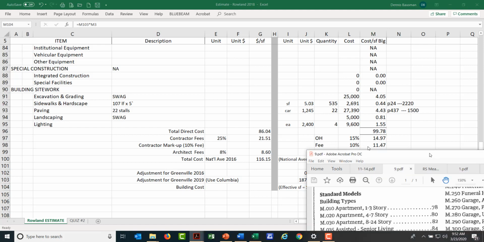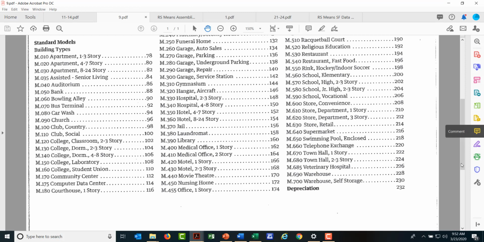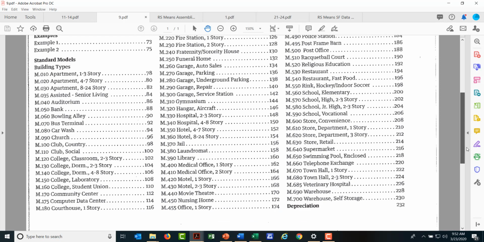If you go back to, this is 2016, but I'm sure 2017 and 19 are the same. If you take a look at this, and by the way, you need to start out with 2017 again, because if you start out with 2019 square foot template, use 2016 assemblies to update it, you're mixing and matching.